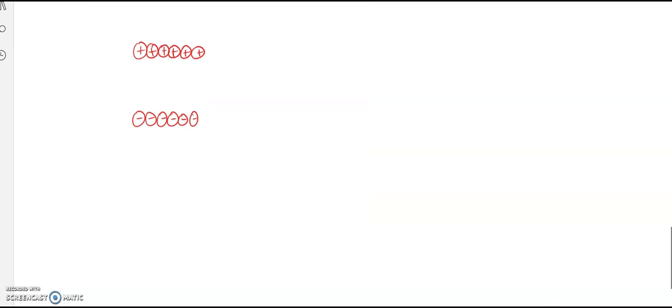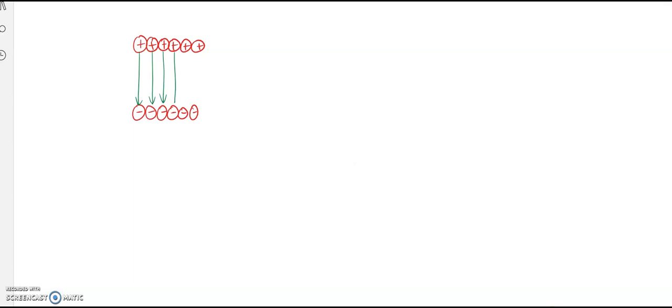Last example now. We've got a row of positive charges, a row of negative charges. If I just wanted to draw the electric field between these two rows of charges, neglecting everything outside of between them, I would have field lines going from positive towards negative.